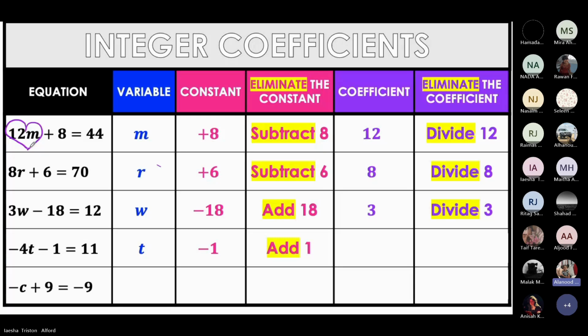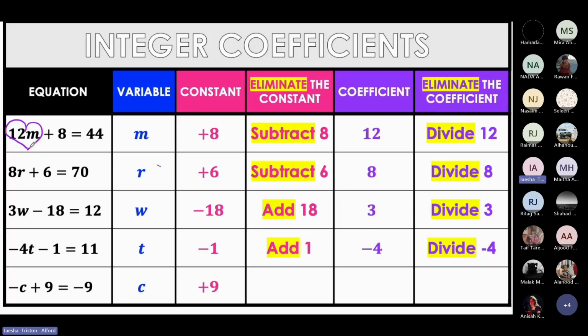Coefficient: negative 4. We want the coefficient to be positive 1. So how do we do it? Divide by negative 4. The variable is C. The constant is positive 9, not negative 9.